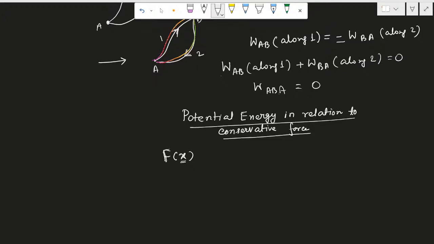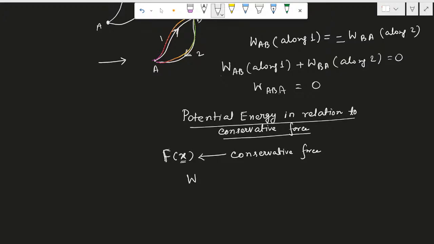As the displacement changes, the force changes. So we consider Fx to be a conservative force, and we are considering it to be one directional. That is why I have given x; otherwise I would give x, y, z, all three dimensions.